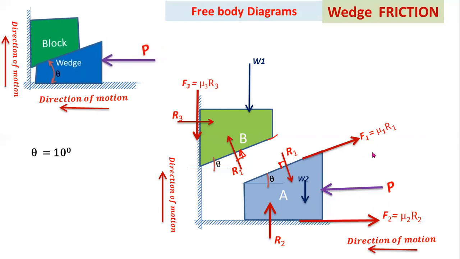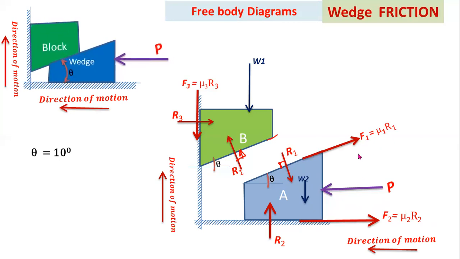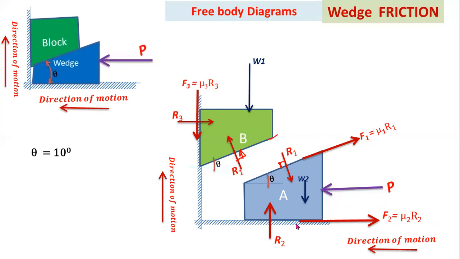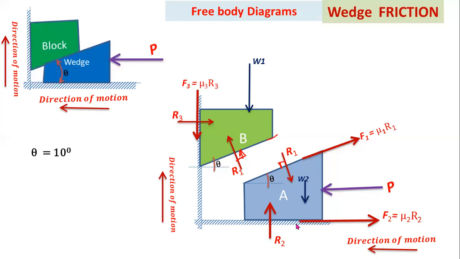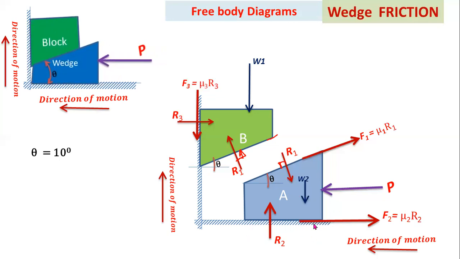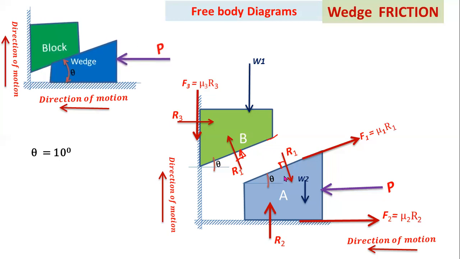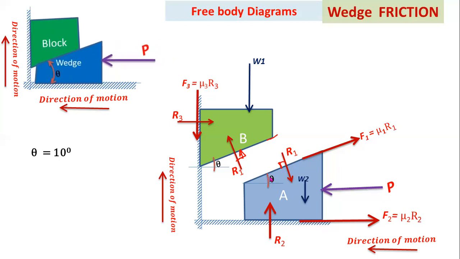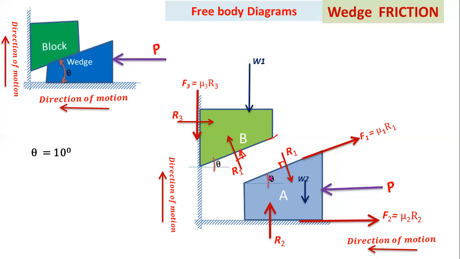So frictional force is always parallel to the contact surfaces. Here the contact surface is horizontal, so you have to consider a horizontal frictional force. Here the contact surface is inclined at angle theta with respect to the horizontal plane.